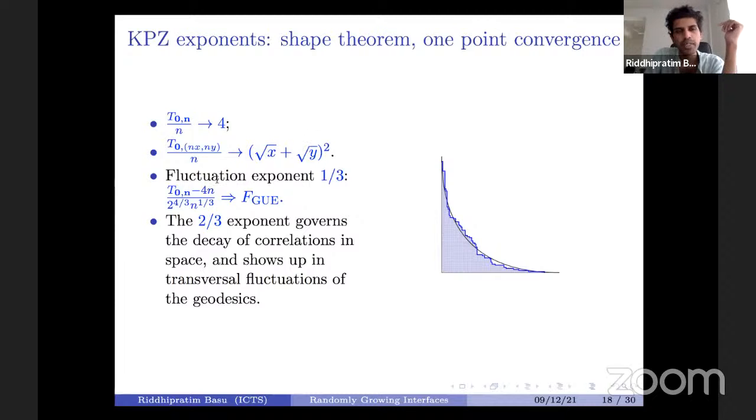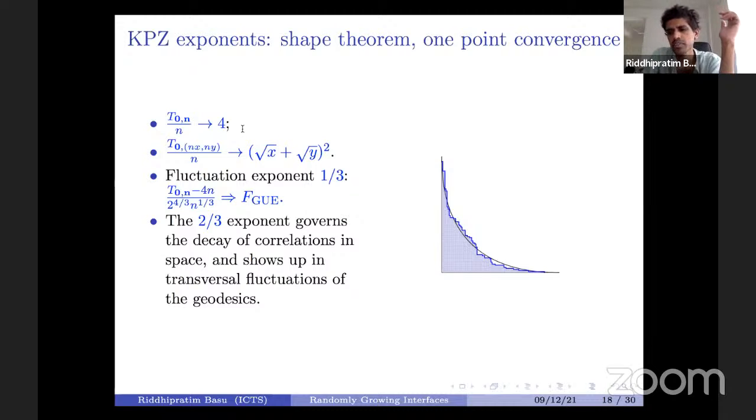If you subtract off the typical value, which is 4n, and divide by n to the 1/3, with a scaling constant 2 to the 4/3, which is not important for us, then this centered and scaled height converges weakly to a non-trivial distribution, called the GUE Tracy-Widom distribution, which will be familiar to you if you're familiar with random matrix theory.